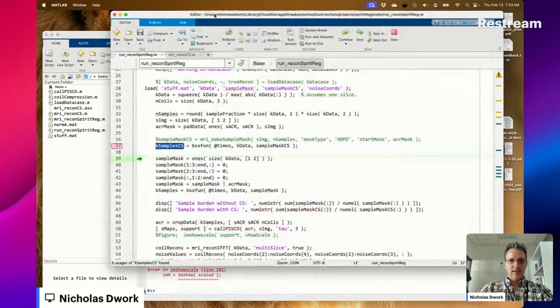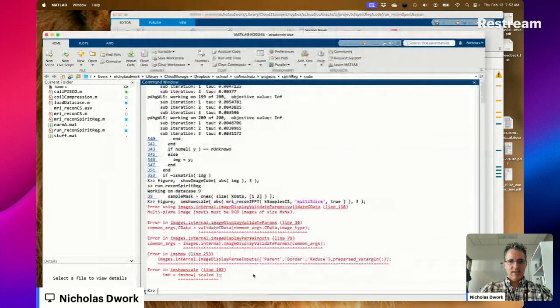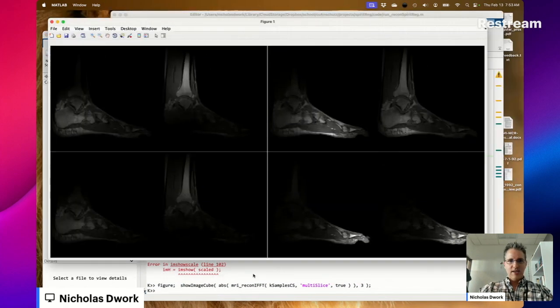Huh? Oh. So I use imshow scale? Okay, this is what we expected.